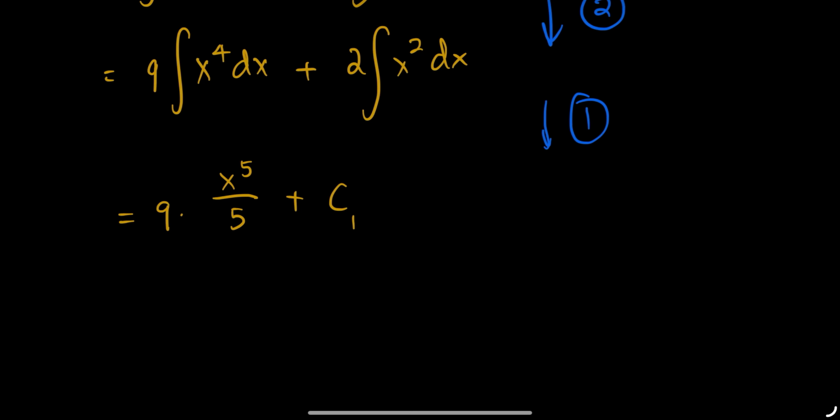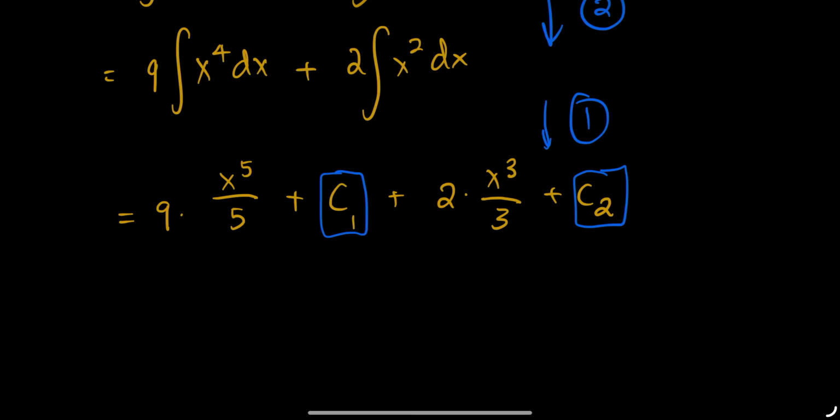In this case, it's c1 because it's the first integral, plus 2 times x cubed over 3 plus c2. Now you know that c1 and c2 are just arbitrary constants. They can be anything. So theoretically, you can just add them up and pretend they're the same thing.